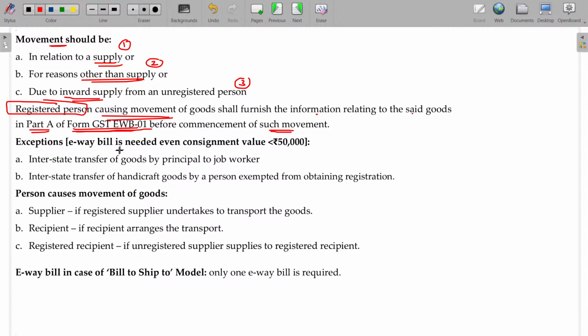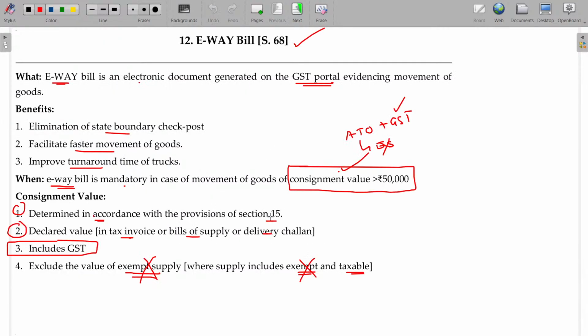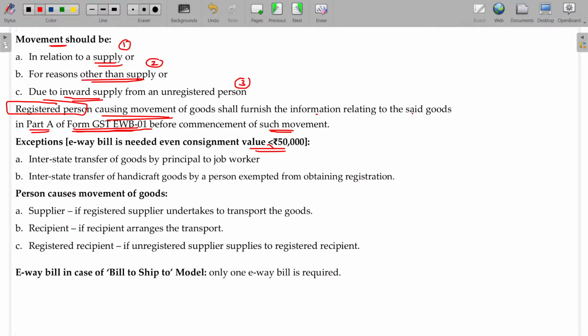Now, e-way bill is needed even if the consignment value is less than 50,000. Usually, if the consignment value is less than 50,000, it is not required. But even if it is less than or equal to 50,000, sometimes an e-way bill is needed. Clear? When? If the movement happens in interstate transfer of goods by principal to job worker.